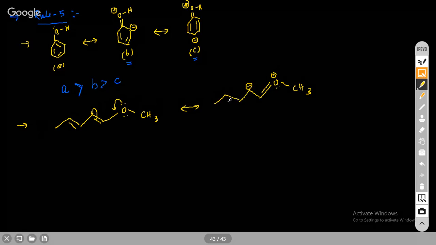Here we have a negative charge, and this charge will be as it is. Now from this, another structure we can draw, and that will be double bond here, here, and here negative charge.